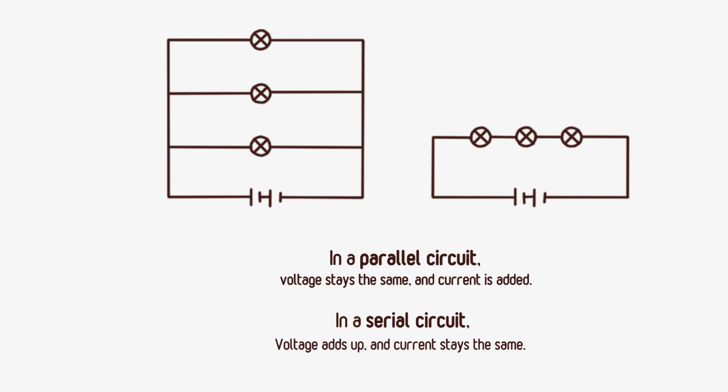So there are two primary ways. You can either link things in parallel or link things in series. And depending on what you do, it has an impact on voltage and current. Again, current or amperage is how much electricity could pass through something. Voltage is the force that electricity is traveling through.